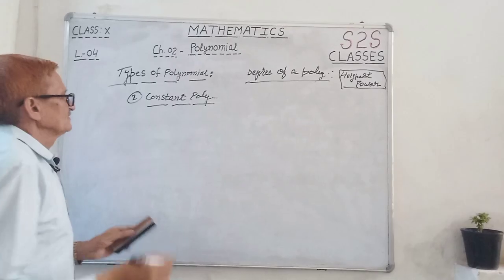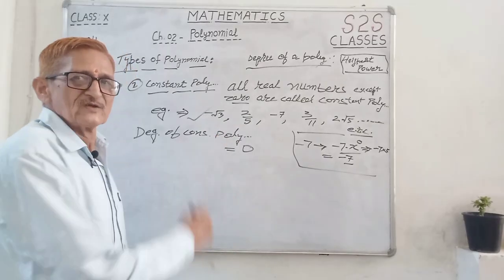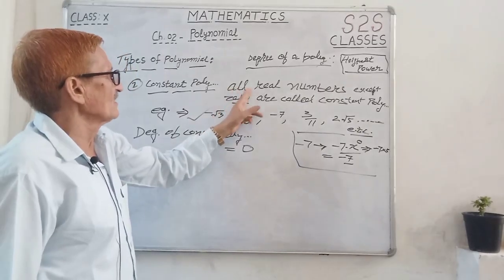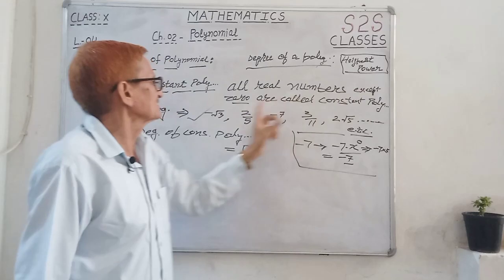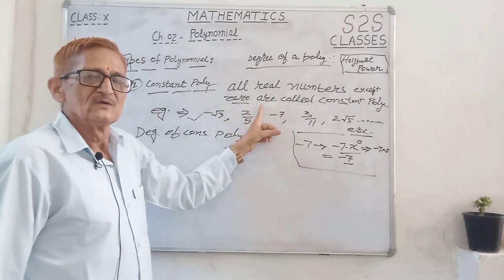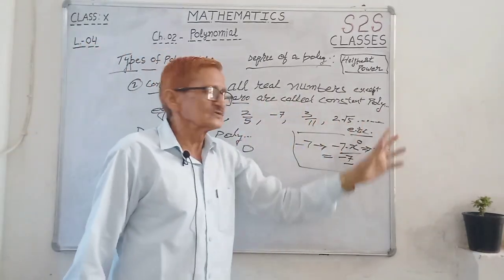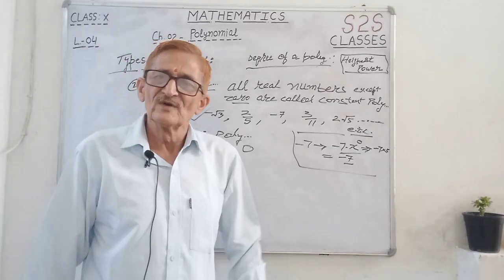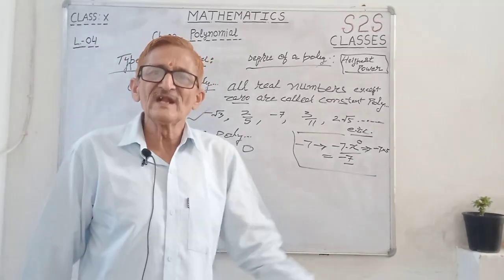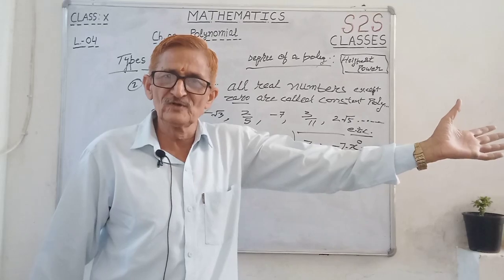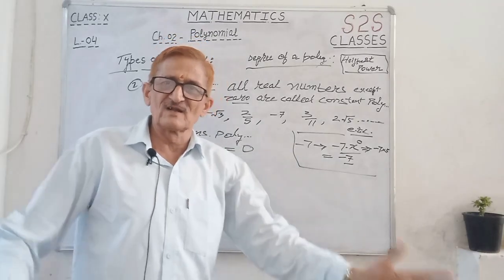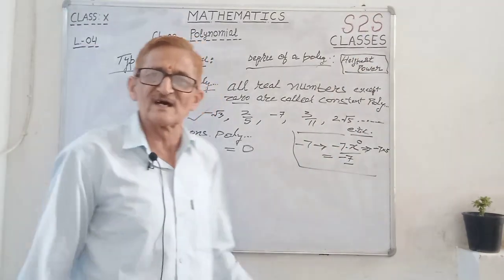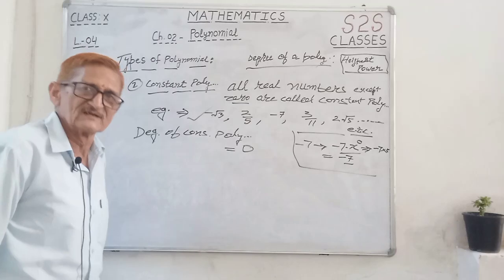In this constant polynomial, all real numbers except 0 are called constant polynomial. Means constant numbers, all real numbers are there. So 0 made a separate type of polynomial, the 0 polynomial. All other constant real numbers are the constant polynomial.